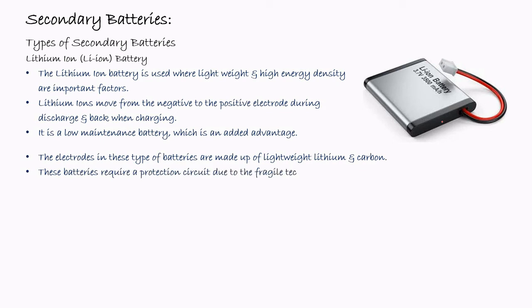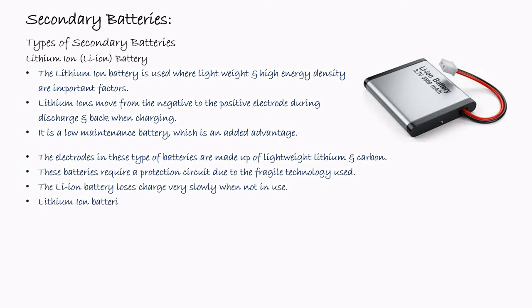This battery requires a protection circuit due to the fragile technology used in this case. The lithium ion battery loses charge very slowly when not in use. Lithium ion batteries are safe as long as particular precautions are taken when charging and discharging.